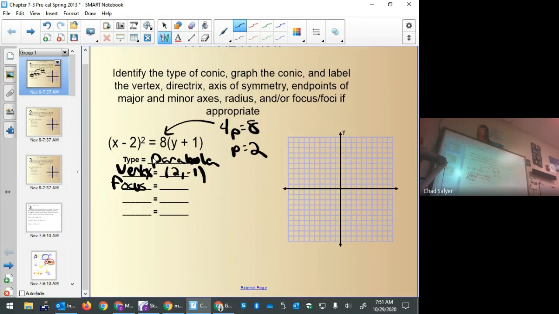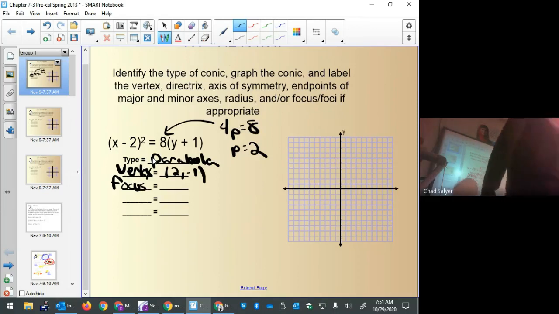So Mackenzie, tell me, is this the vertical type or the horizontal type? Correct. And then based on the focal length being positive, does it go up or down? Correct. So this is an upward facing parabola.